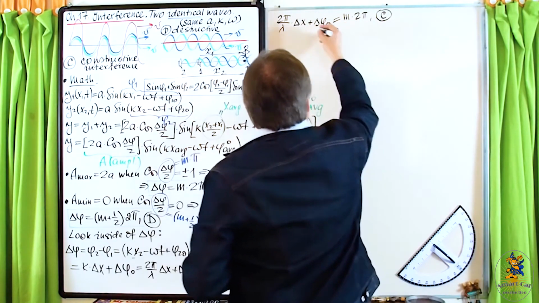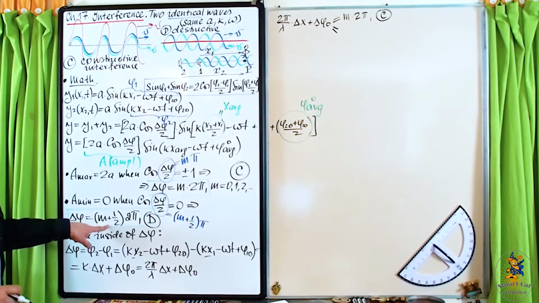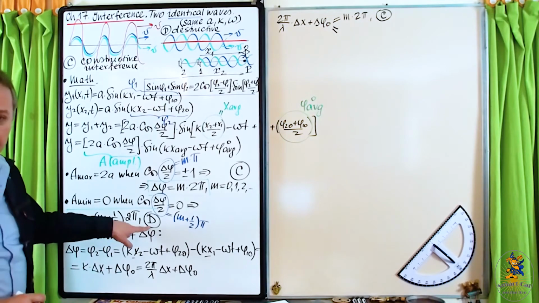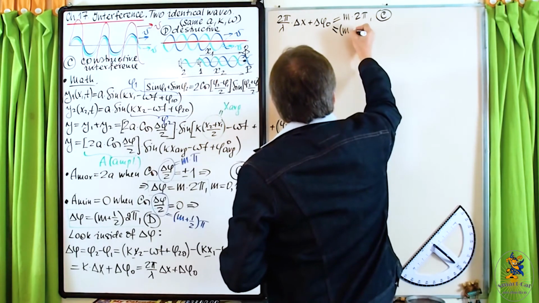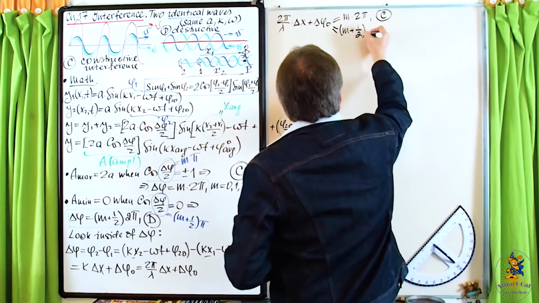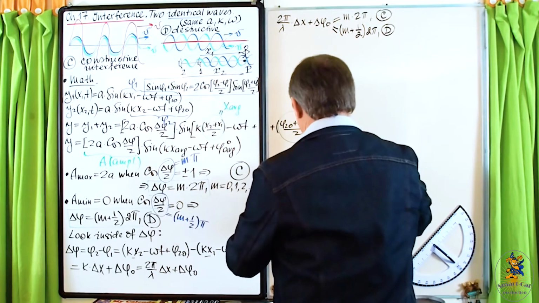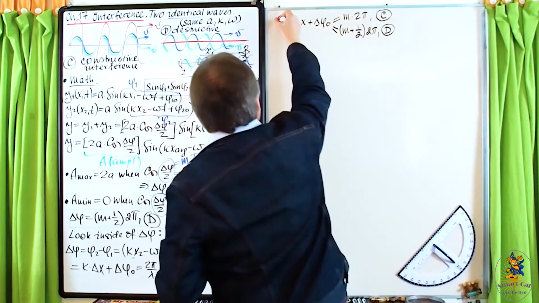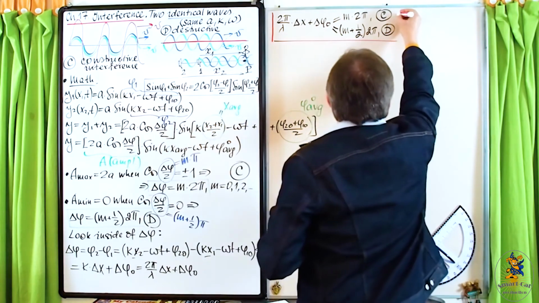And this must be equal to m plus 1/2 times 2 pi for destructive interference. So that's the final result. These are the conditions.